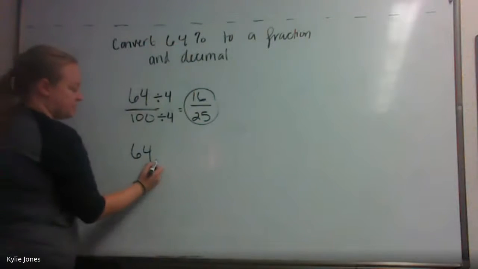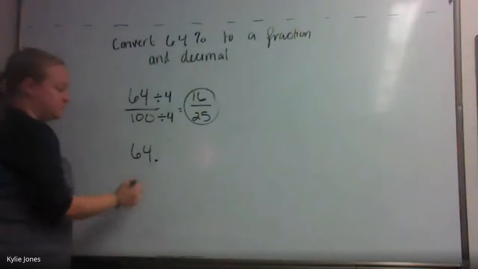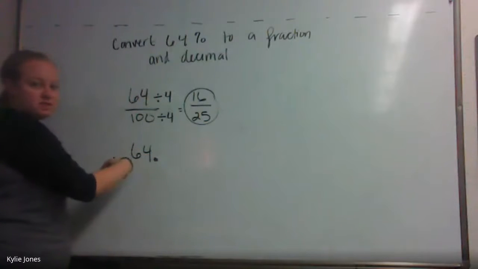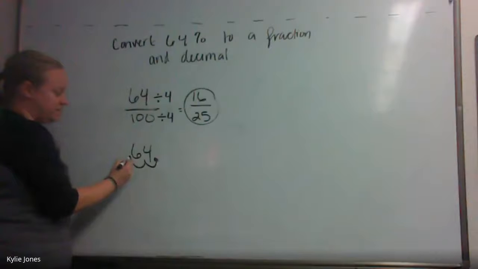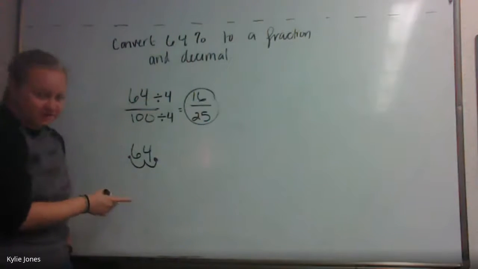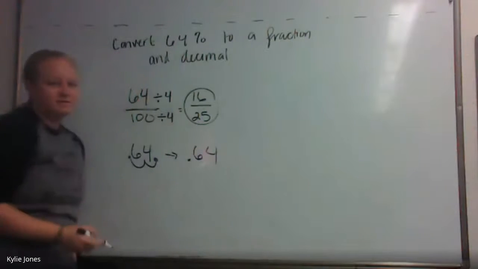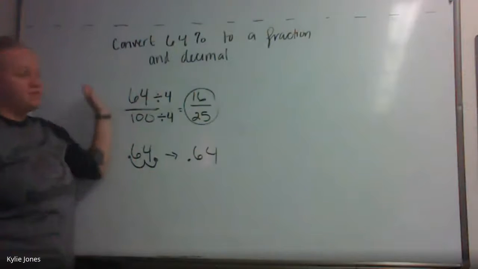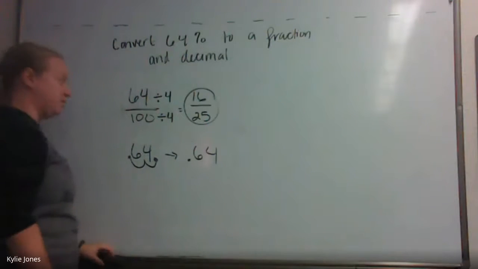Your decimal is at the end of the number 64 because it's a whole number. It always goes after. And we need to move it 2 times. Do I move it to the right or to the left? To the left, twice. Always move it twice. And your decimal is 0.64. Good. So you'll have a problem probably similar to this on your test today, just so you know.